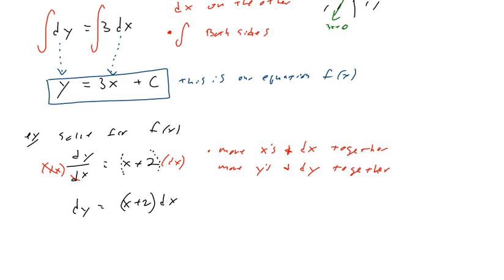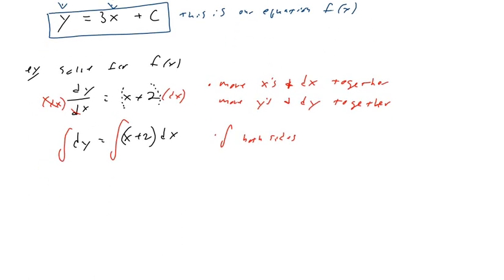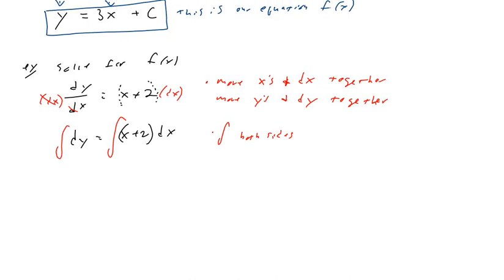So I move the x's and the dx's together, the y's and the dy's together, and then I integrate both sides. It's nothing really new that we've done. We've done integrals before. It's just we're doing a little bit of algebra and rearranging beforehand.